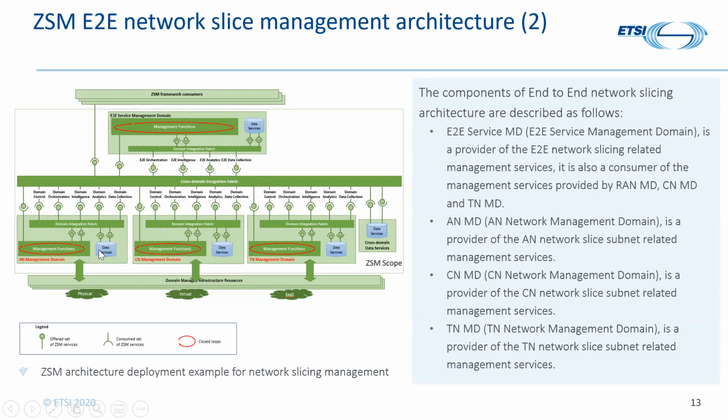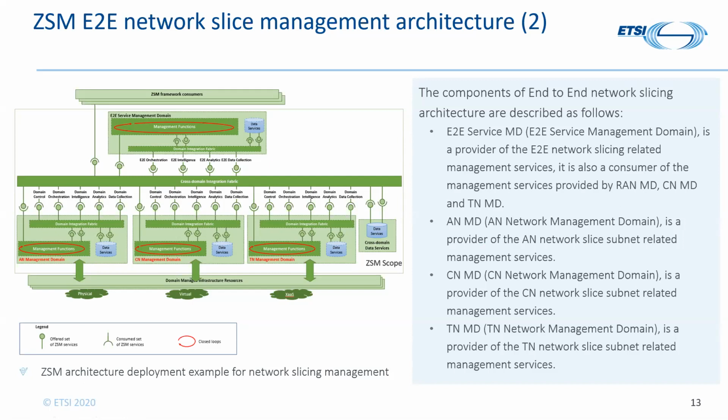We have the corresponding AN domain right here, which is the provider of the access network slice subnet related management services. We have the CN domain, which is the provider of the core network slice subnet related management services, and the TN domain, which provides the transport network slice subnet related management services.